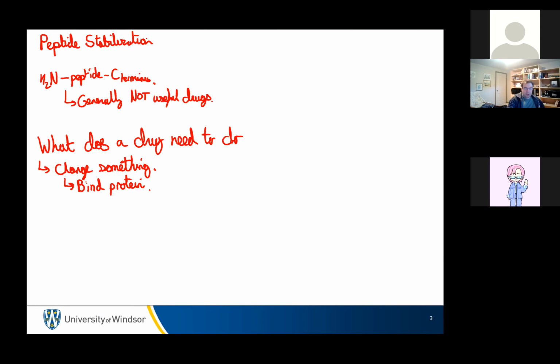I'd say bind protein is probably greater than 98% of drugs. The only reason I'm not saying greater than 99 is because I can't be sure that number is correct. There might be enough DNA binding drugs out there now that it's starting to crawl up to about 2% of the market. But drugs bind protein. It's kind of what they do. Okay, so your drug needs to bind protein. Sweet. Is that sufficient for a drug to be a drug?